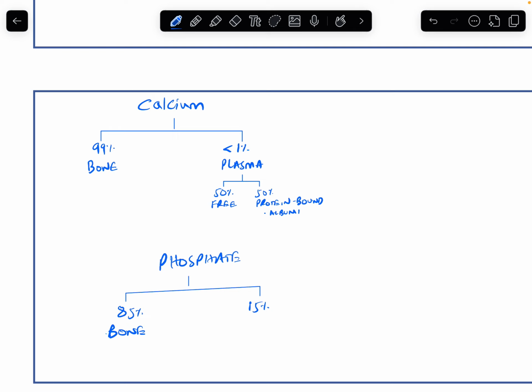In this 1%, 50% or more is in the free form, and 50% is protein bound, either to albumin or globulin, predominantly to albumin. When it comes to phosphate, 85% of the phosphate in the body is sequestered in the bone in the form of different crystals.